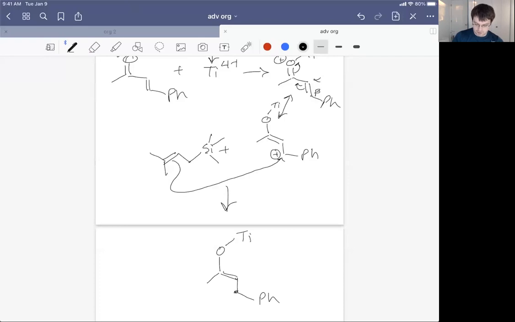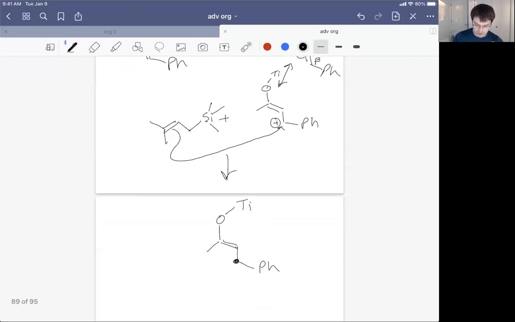Now, instead of a positive charge at this carbon, I'm going to connect that by way of a new bond to the carbon of our alkene. So it's going to be right there. Now that carbon had 2 methyl groups. So there's my 2 methyl groups. And over here is going to be a positive charge. Now that positive charge is on a carbon next to a carbon which has a silicon.